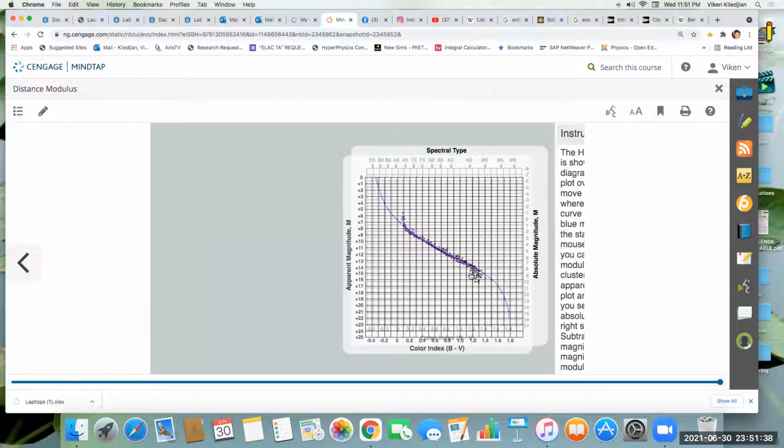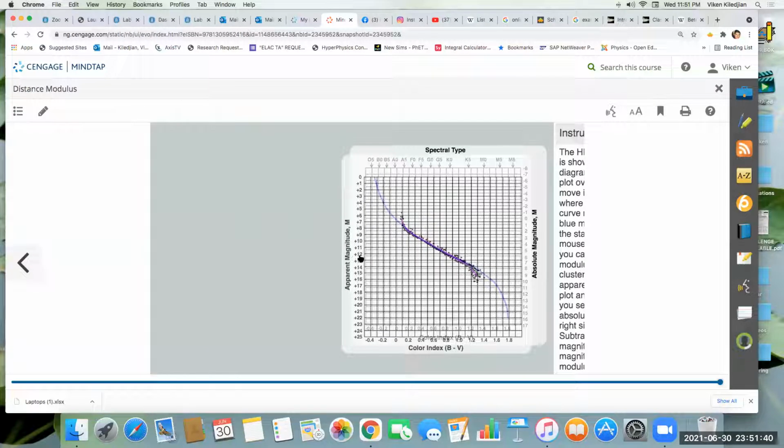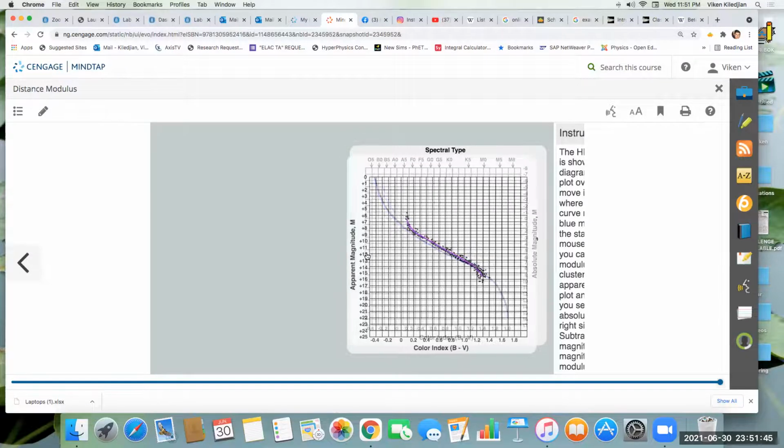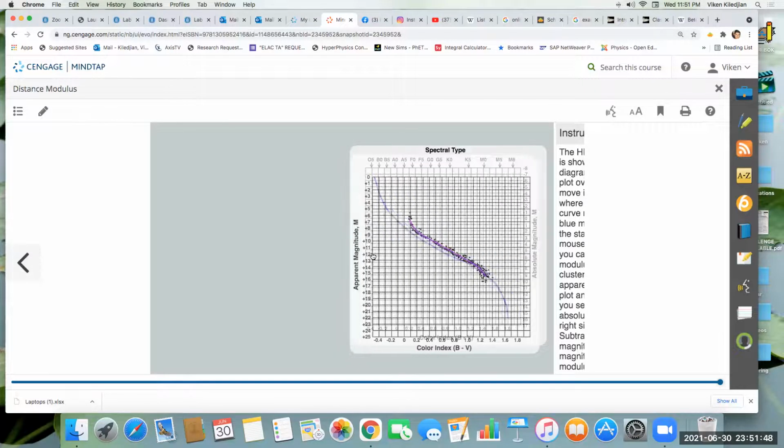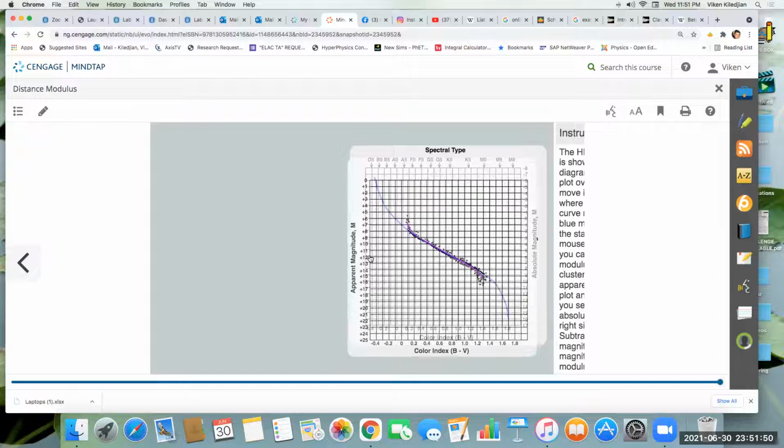So basically what we want to match is on the left side, you see the apparent magnitude is 12. Let's say right there, 12. Right there is a good match, I believe. So the 12 on the left matches with the 6 on the right. In other words, a star in the Hyades cluster that has an apparent magnitude of 12 will be a star with an absolute magnitude of 6.